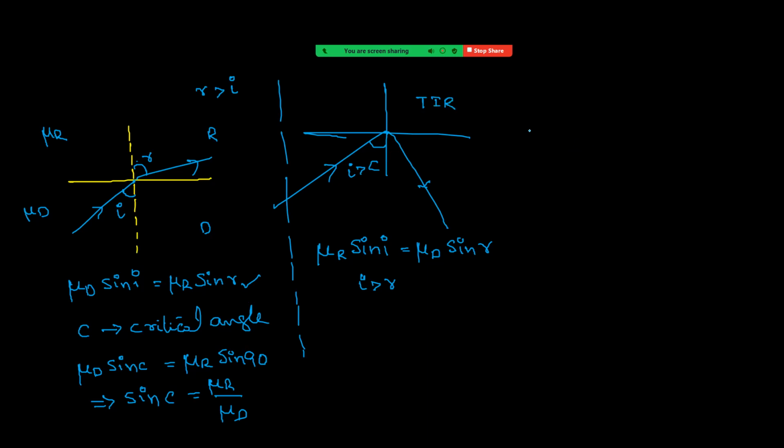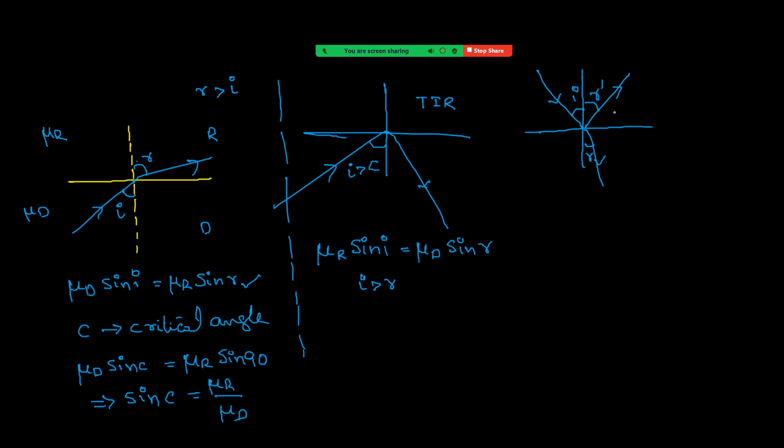Generally, whenever light falls on a boundary, reflection and refraction are both there simultaneously. Let us take R dash as the angle of reflection, and this is the angle of refraction R. Whenever light falls on a boundary, some of the light energy enters the other medium, that means it refracts.